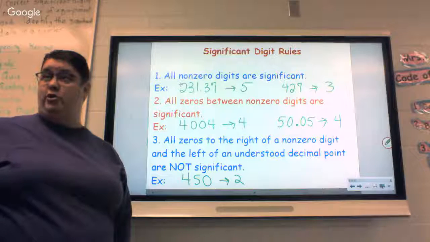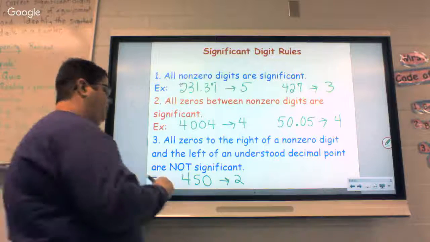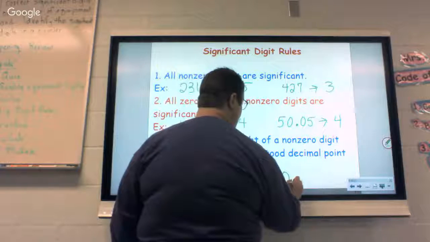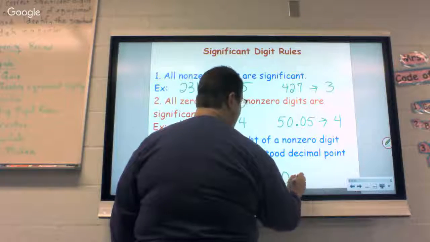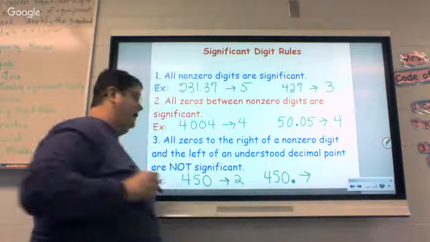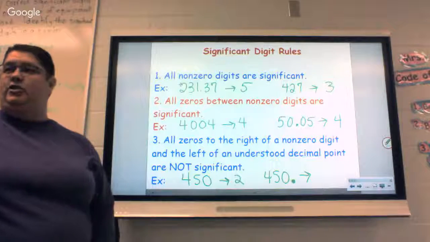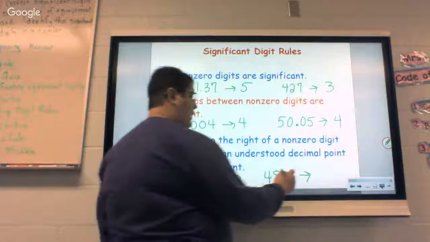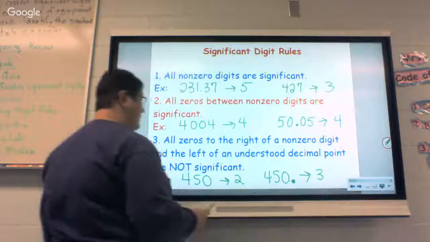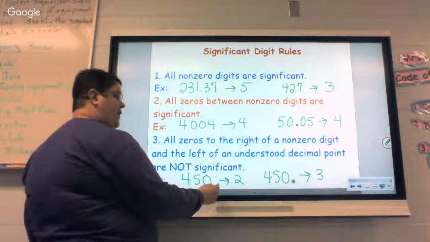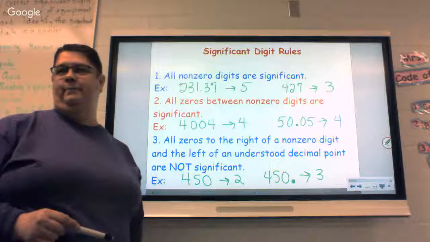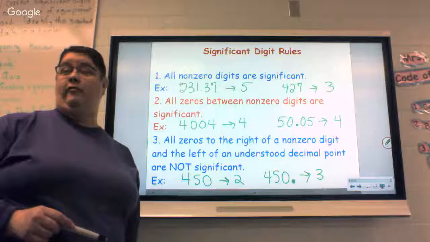Because it's understood. Now, if I write the decimal in, then how many significant digits are there? Now there are 3. The reason that zero is not significant is we assume that the number has been what? Rounded off.